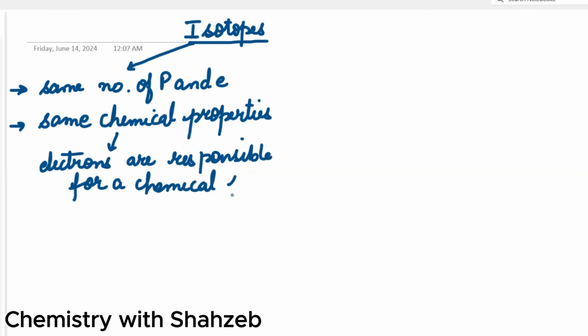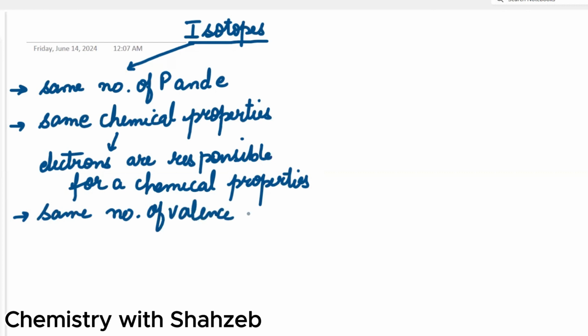As we know that isotopes have the same number of electrons, they have the same number of electrons present in the outermost shell as well. So they have the same number of valence electrons. Valence electrons means the electrons which are present in the outermost shell of an atom.